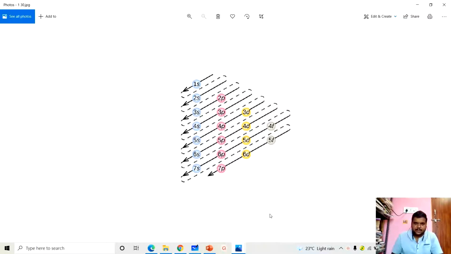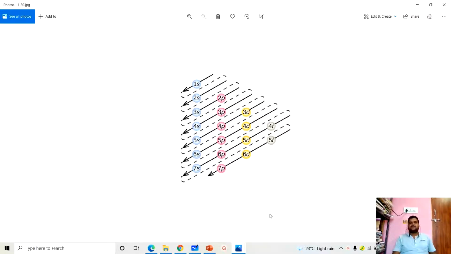Next electrons enter 3s, followed by the next higher energy orbital 3p, then 4s, then 3d, 4p, 5s, and it goes on like that.